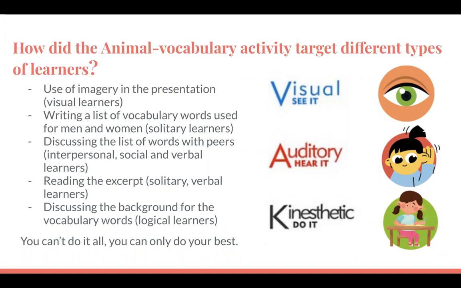Reading the excerpt, that's solitary, you have to read on your own, unless some students have a hard time reading and then they listen to audiobooks, for example. So reading the excerpt out loud may be an option for some students to have it read to them. And that's verbal learners.